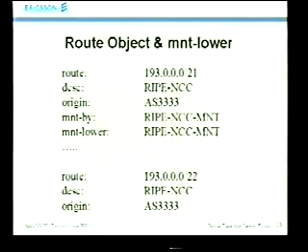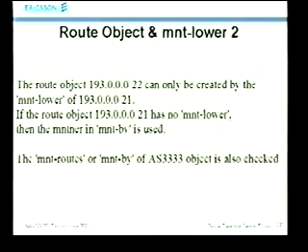I should say the route object, this /22, can only be created by the mnt-lower of the /21 object. If the route object 193.0.0.0/21 has no mnt-lower, then the maintainer in mnt-by is used.